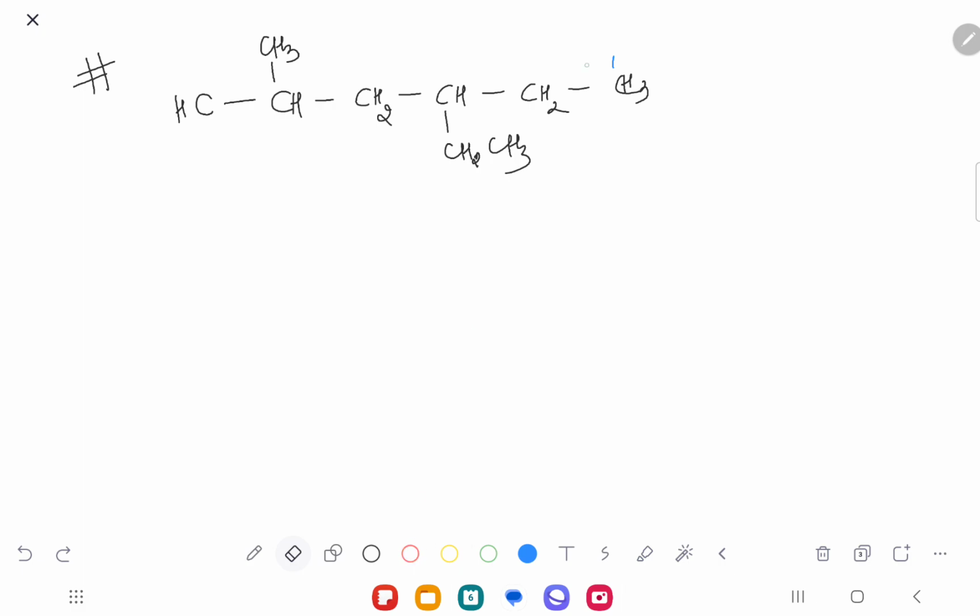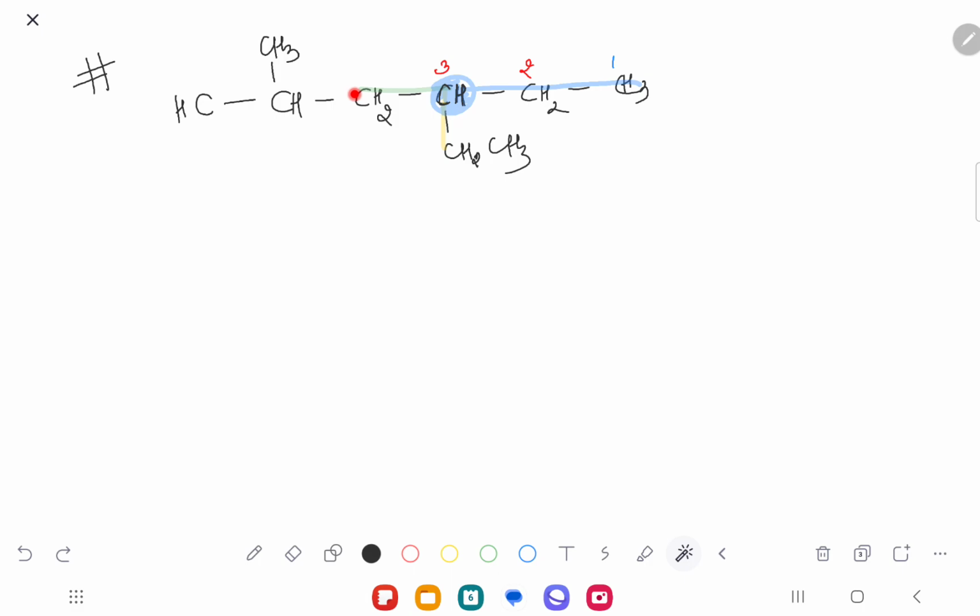For example, you started at carbon 1, 2, 3. Now when you look at carbon 3, you have two ways of choosing. Either you can go to the yellow line or the green line. You started with the blue line. The moment you reach carbon number 3, you have two paths to choose from.